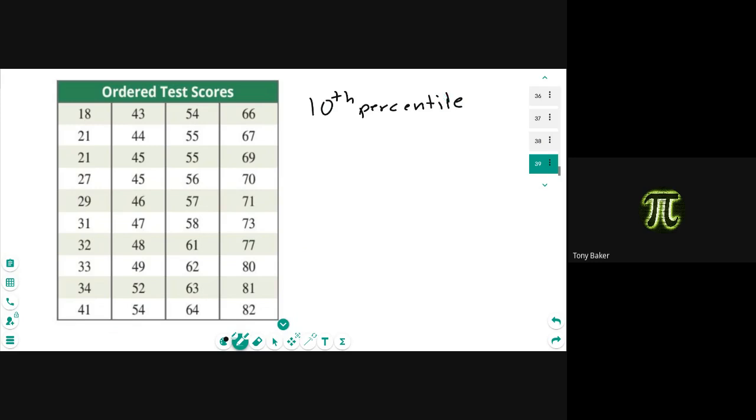There are 40 numbers here, so n is 40. So we would do 40 times 10 divided by 100, which is 4.